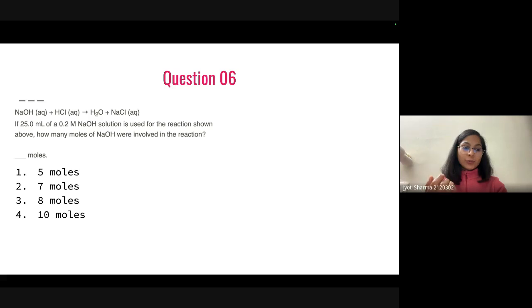So first change it into liter. So this will be 25 upon 1000. So what you just need to do is multiply this 0.2 with 25 upon 1000, because the number of moles is equal to molarity multiplied by the volume of the solution. So what will be the answer?